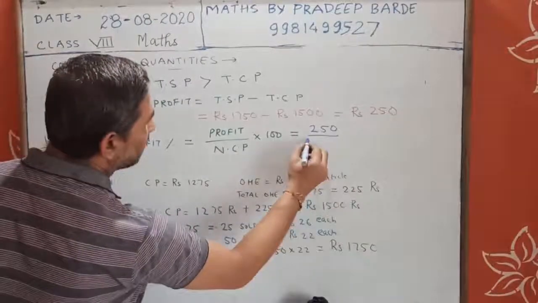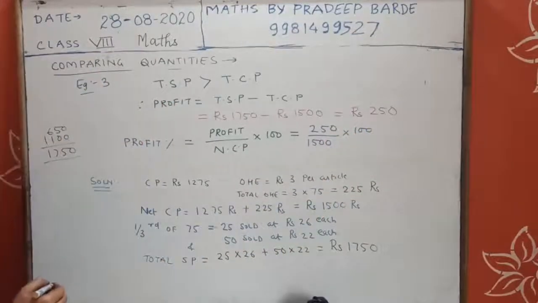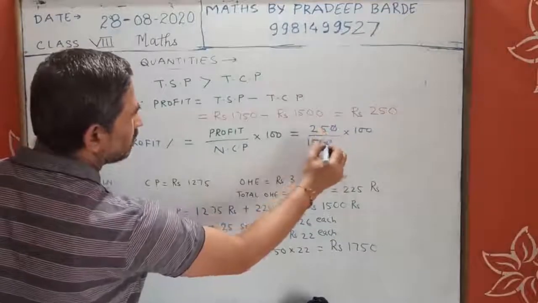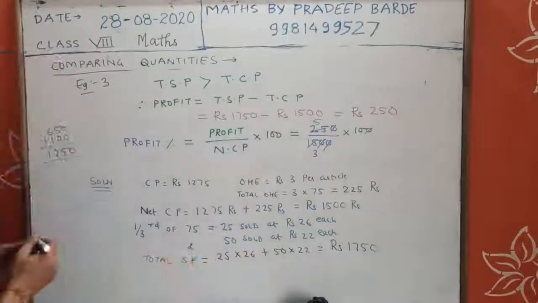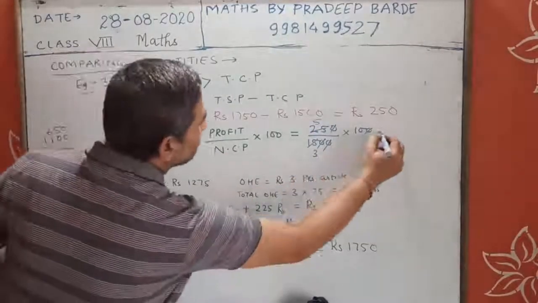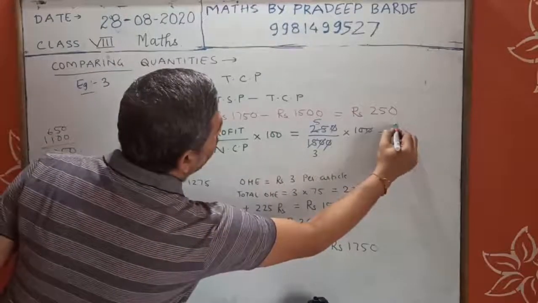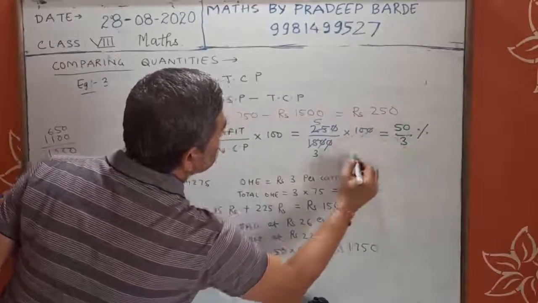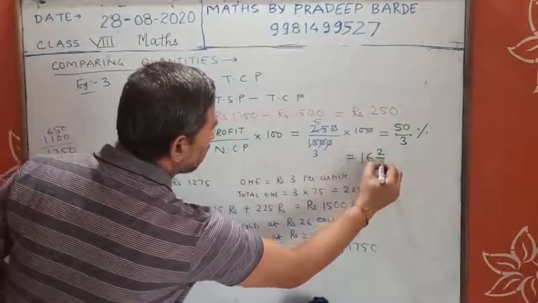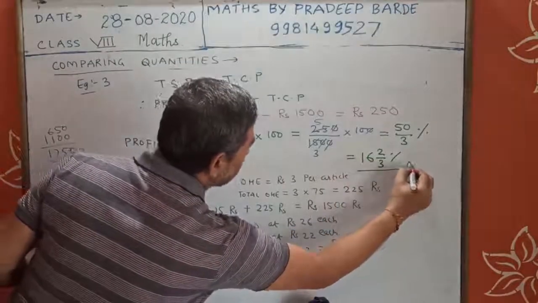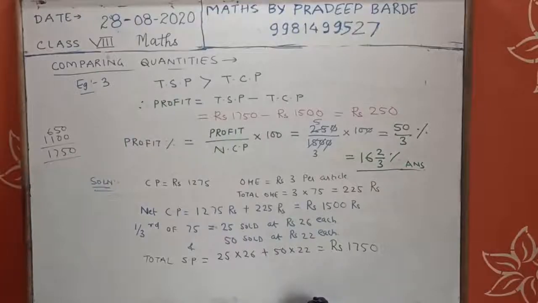Net cost price is 1500 multiplied by 100. 0, 0, 0, 0 again. 5 3s are 15, 5 5s are 25. So that is 50 by 3%, or this is 16 2 by 3%. This is the answer finally.